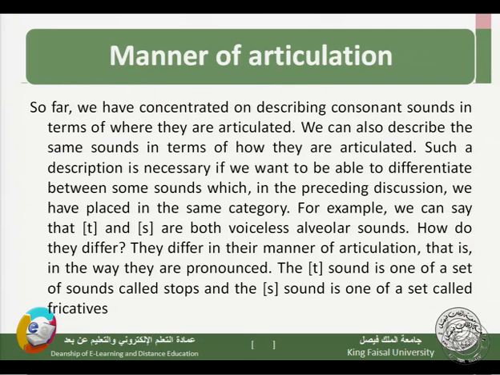In the previous section of this lecture, we discussed the place of production of sounds, where exactly these sounds are produced. We can also describe the same sounds in terms of how they are articulated. Such a description is necessary if we want to differentiate between some sounds which in the preceding discussion we have placed in the same category.